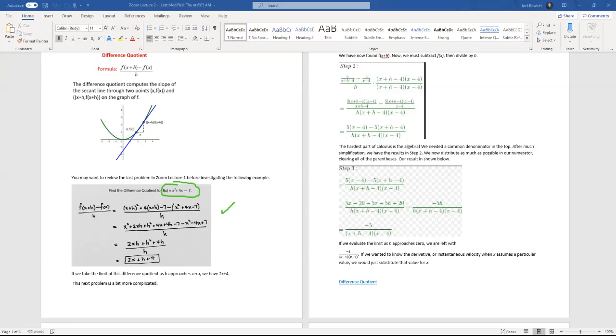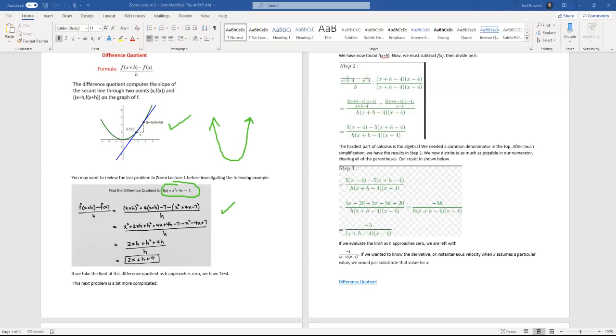The graph of this function would look somewhat like this one here. In other words, it would be a parabola, except the intercept on the y-axis would be at -7. But the picture would look very much like this one here. And the task is to find the difference quotient for that given function.